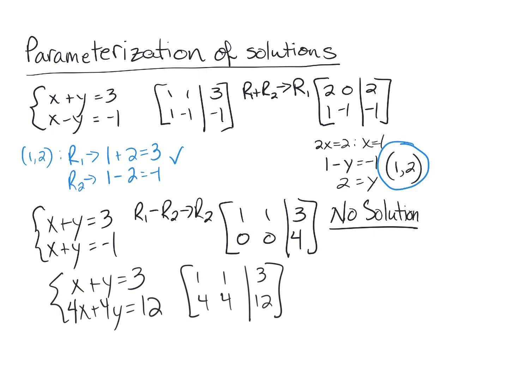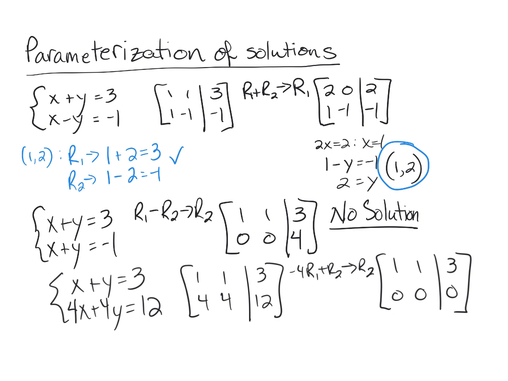You can see that the bottom row is just 4 times the top row. If I say minus 4 row 1 plus row 2 and replace, let's say, row 2, then I get 0, 0, 0. That's always true.